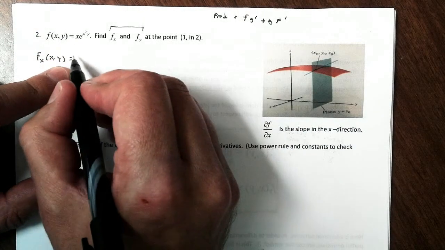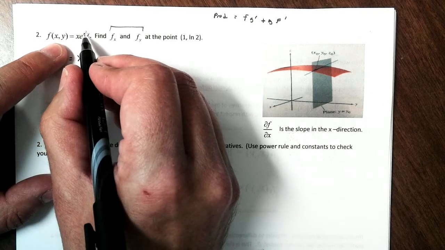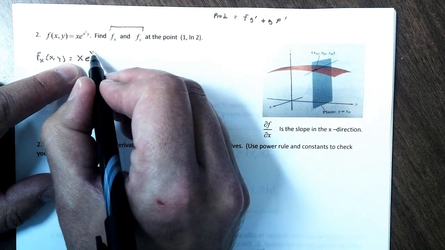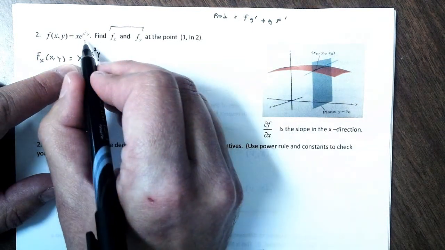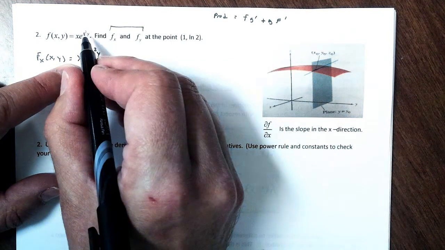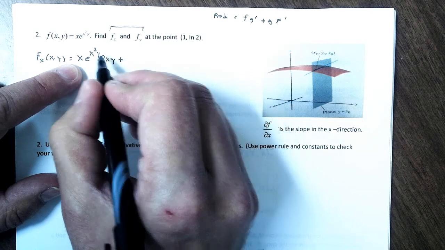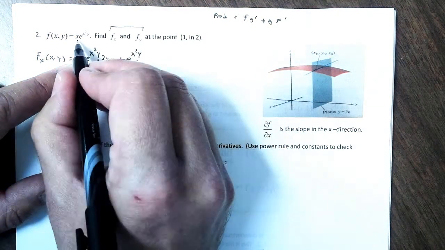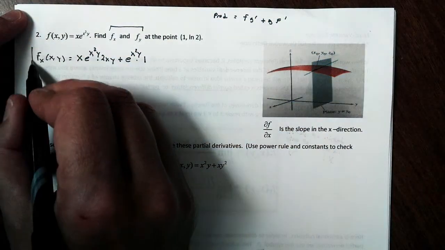So the first is x. The derivative of e to the x squared y becomes e to the x squared y times the chain rule. The derivative, be careful, y is a constant. That just becomes 2xy. Plus the second, e to the x squared y, times the derivative of x, which is just 1. Ugh. So there's our first one.